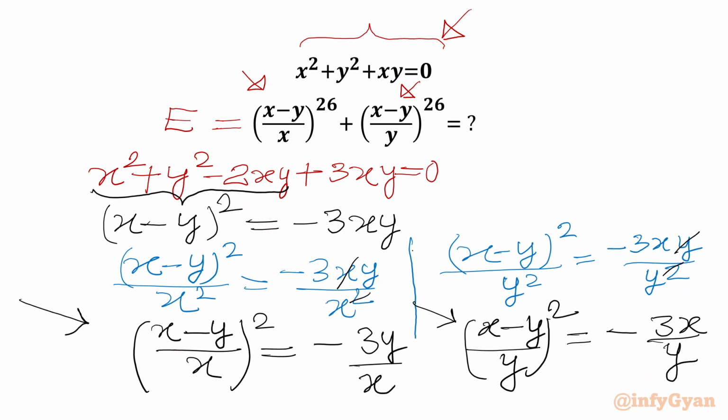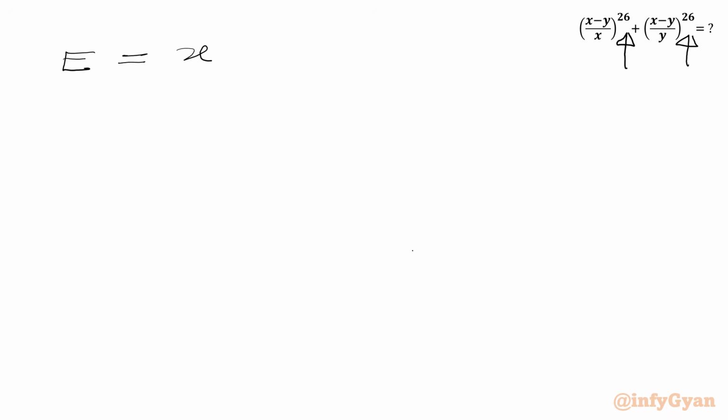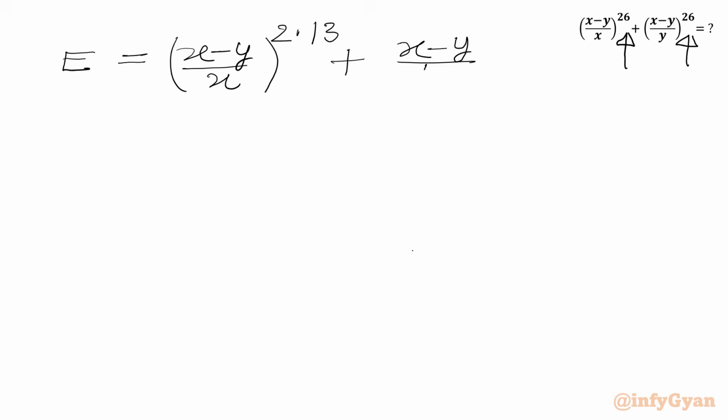So let us write our required expression. We will write E equal to, here we have power 26. So we can write x minus y over x with power 2 times 13. Here also we will write x minus y over y whole power 2 times 13.